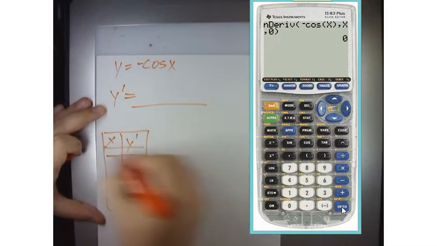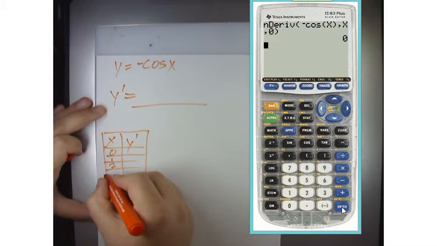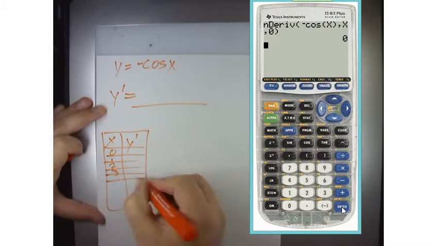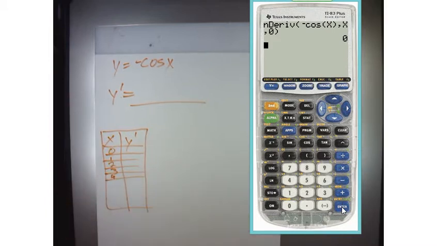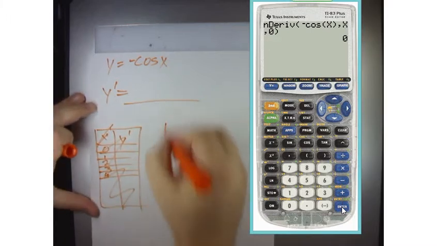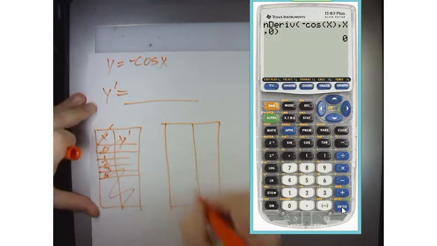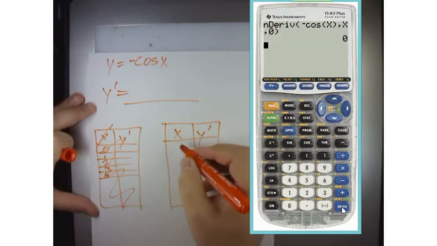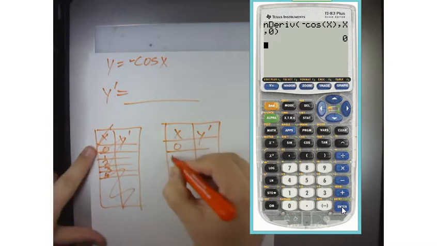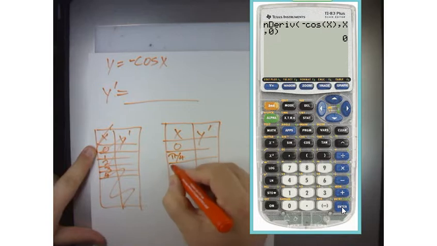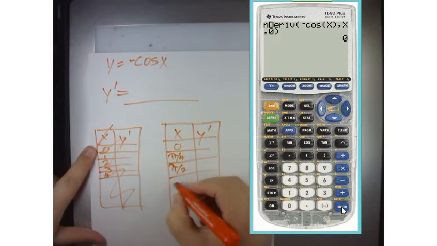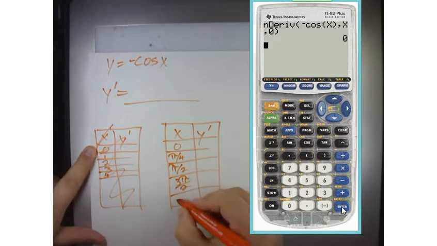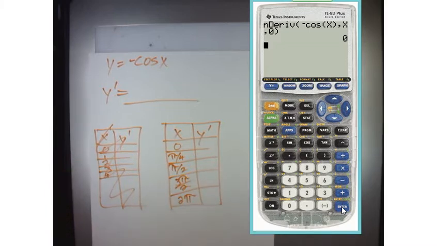So I'm going to plug in 0, 1, 2, 3, and so on. But you know what? Since we're dealing with sine, maybe I'll do x and y prime with 0, pi over 4, pi over 2, 3 pi over 2, and 2 pi, and see what my y prime values are.